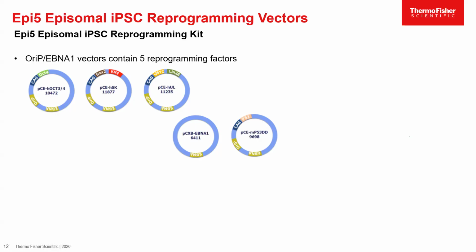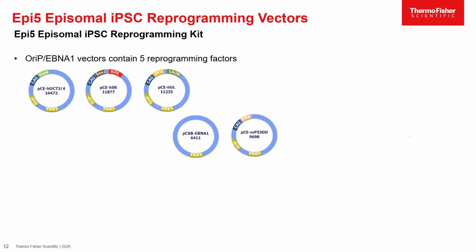But from this point on, I hope you appreciate that the process is technically simple, right? We want to deliver and get these cells to express four transcription factors. And by doing so, most proliferative cells will revert from that somatic state into a pluripotent state where they are able to give rise to most cell types at least. That's the logic there, and there are different ways to do it.